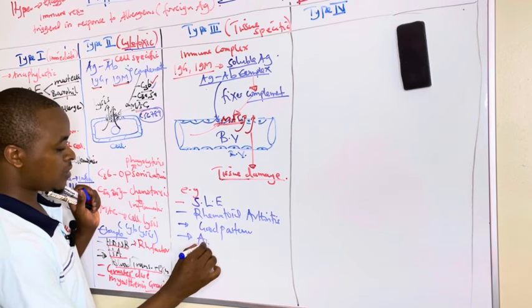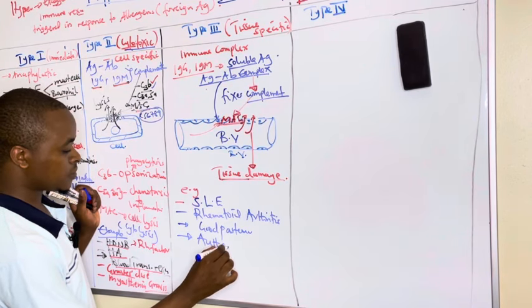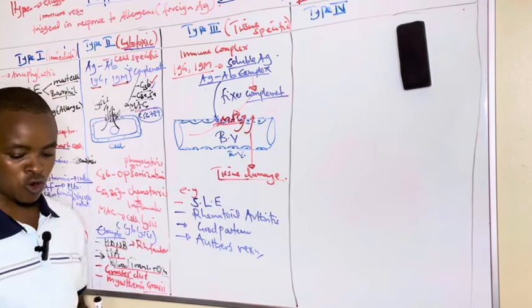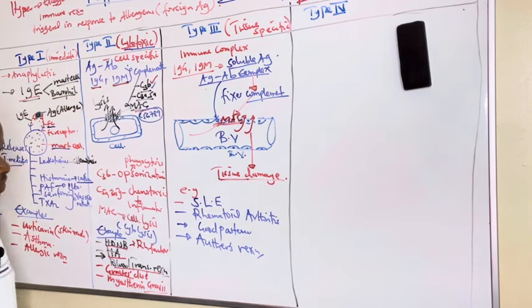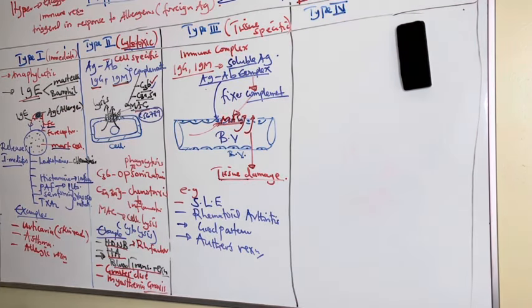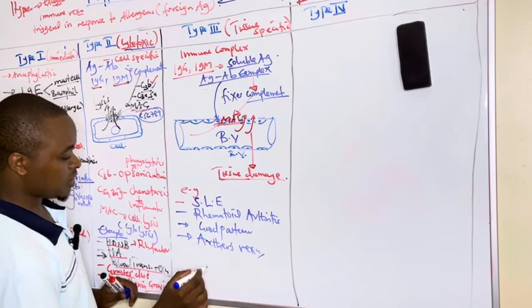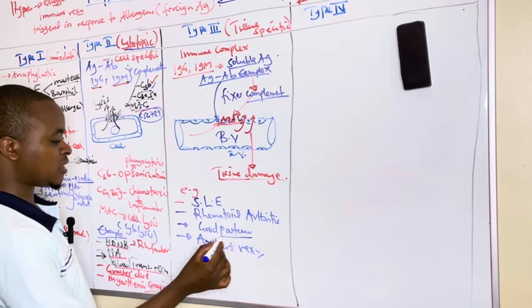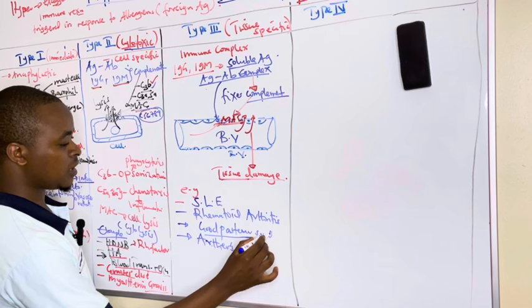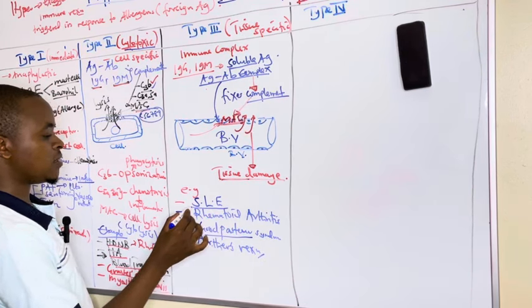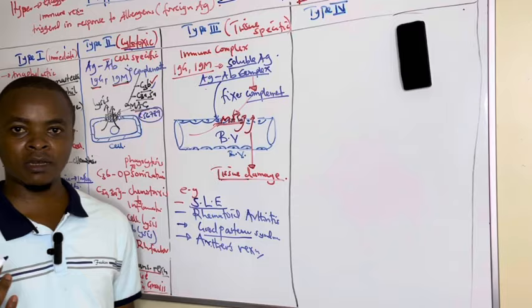Another one is the Arthus reaction, which is also an example of type 3 hypersensitivity reaction. So we have the Arthus reaction, Goodpasture syndrome, rheumatoid arthritis, and systemic lupus erythematosus.